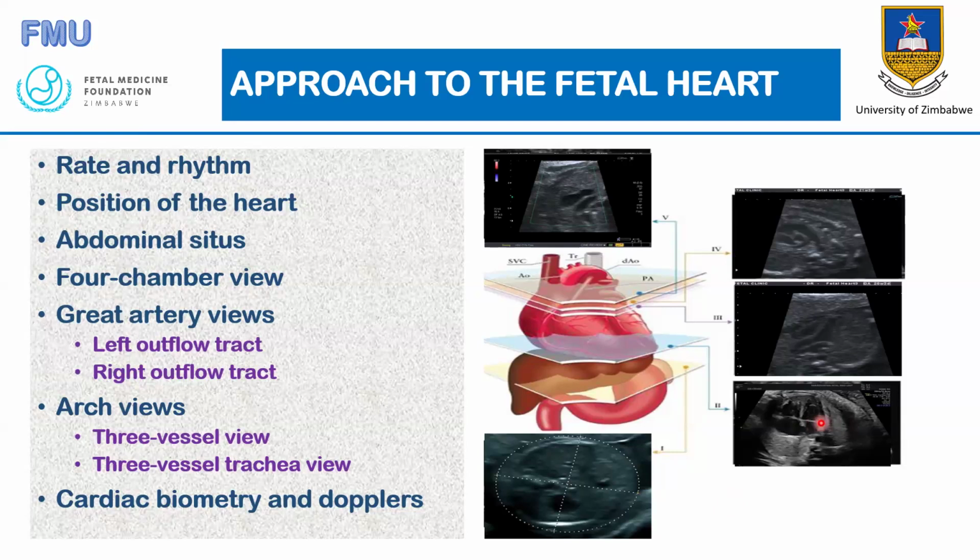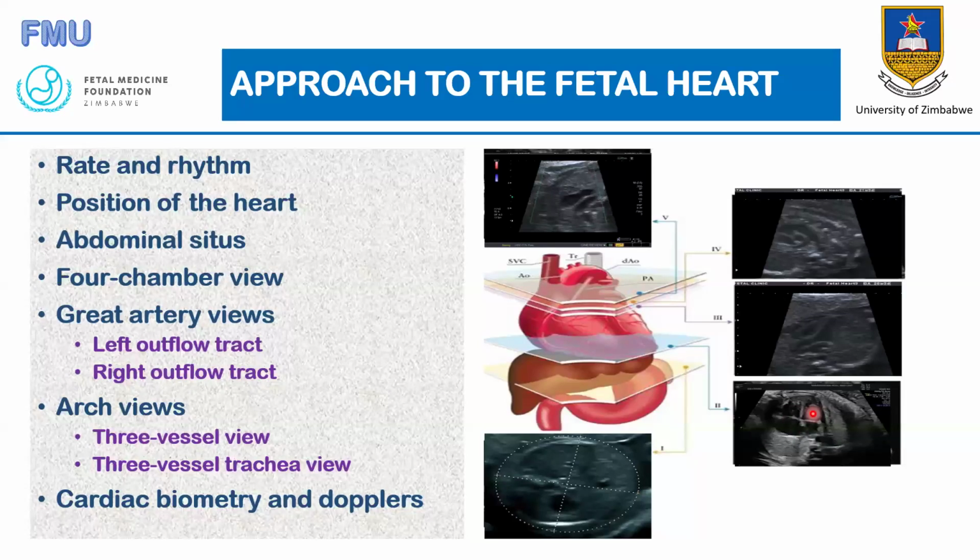If you just transition going up the baby in a straight line with your probe, cutting across the baby's stomach, the abdominal circumference plane, you will encounter the four-chamber view. If you rotate your probe upwards, you will have the left outflow tract.